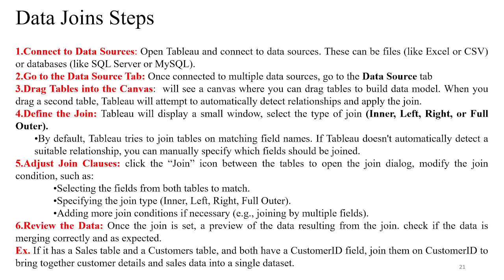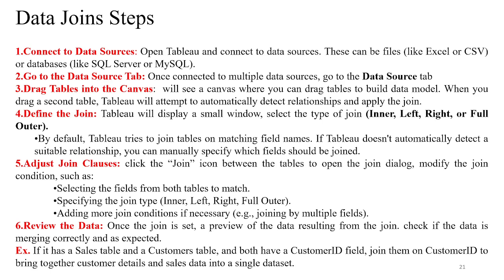According to our data set, or according to our requirement, we can use the join types. Then adjust the join clause. In that, we have the join dialogue, where we modify the join conditions, such as left, right, or full join.